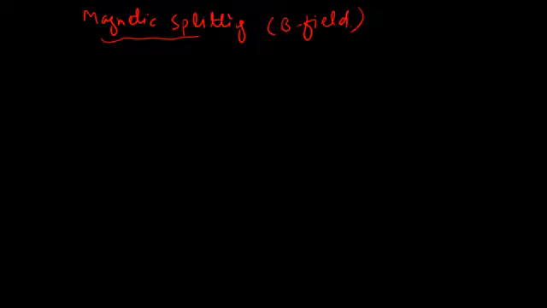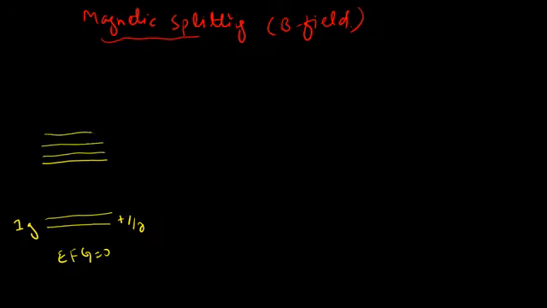When the magnetic field was absent and the electric field gradient was 0, the ground state was a doublet state, equal to plus minus 1 by 2, and the excited state was the four-fold degenerate state, plus minus 1 by 2 and plus minus 3 by 2. So in that case there was only one transition from the excited state to the ground state.